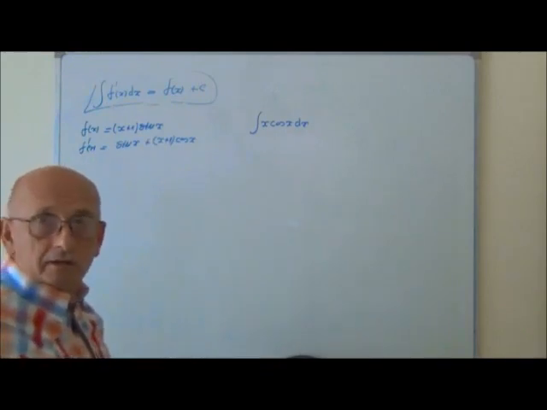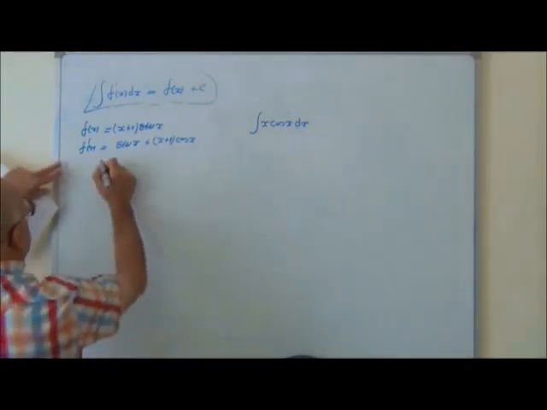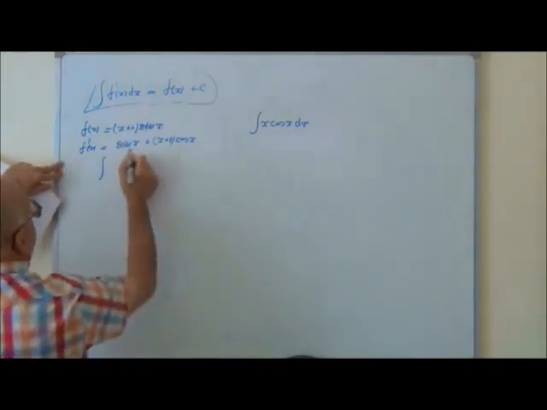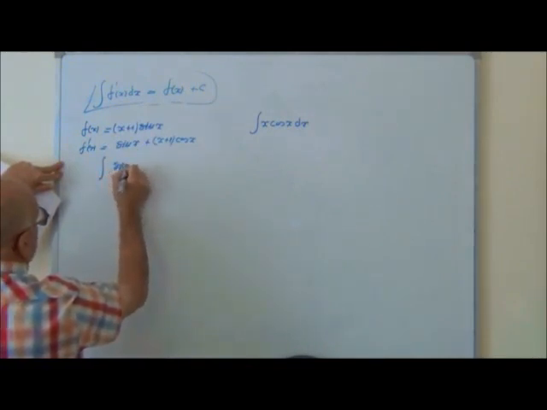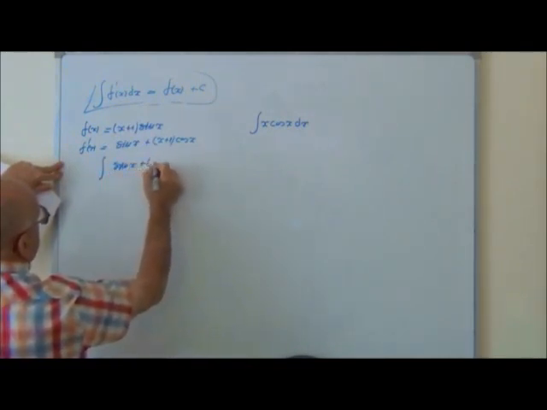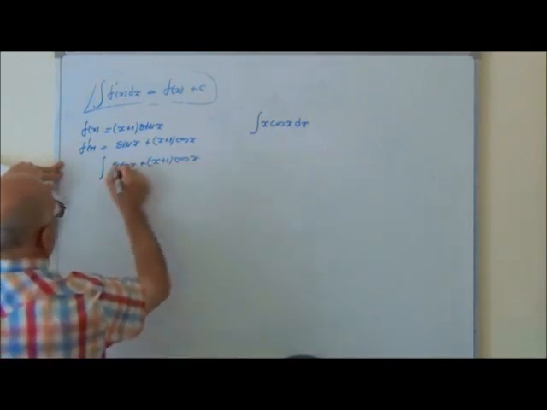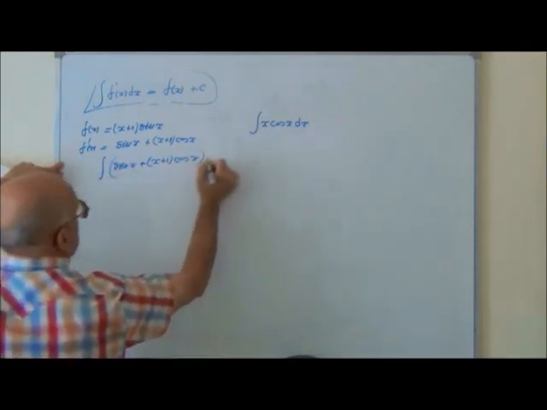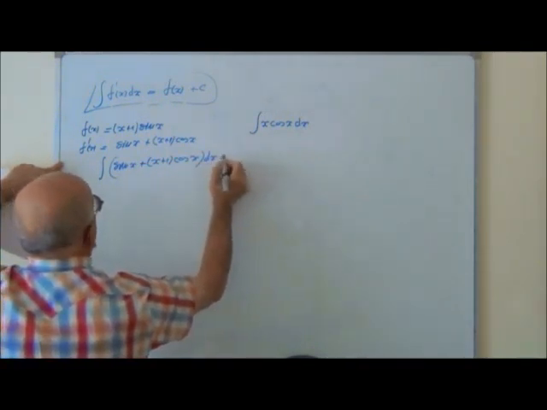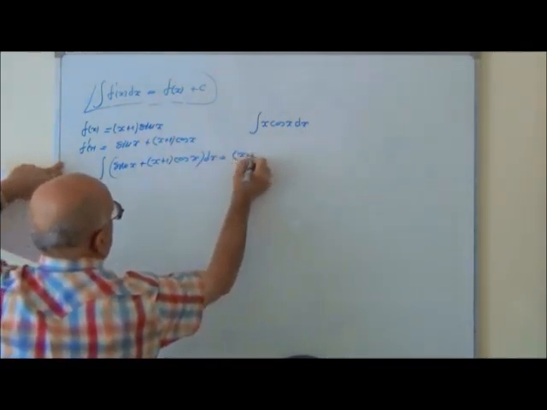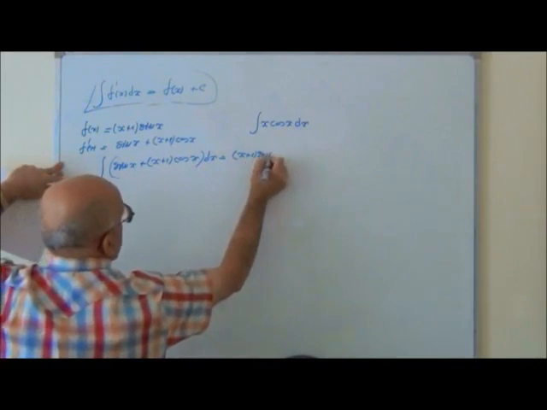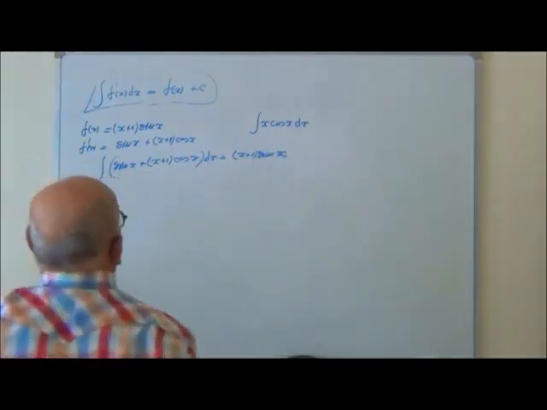And then I will write that equation. So the integral of f dash of x, in this case sine x plus x plus 1 cosine x, dx equals x plus 1 sine x.